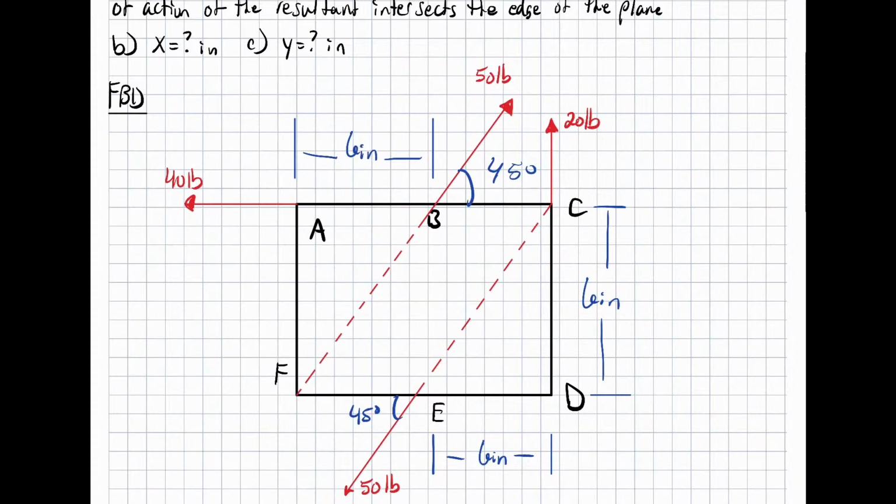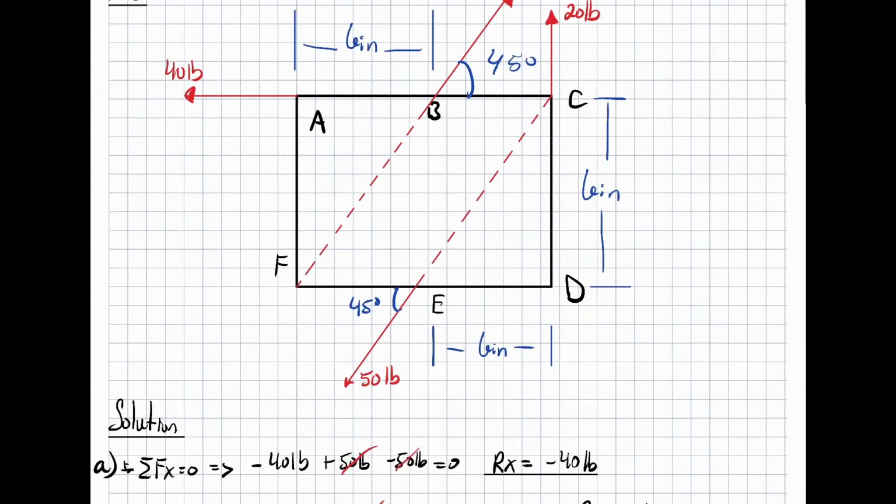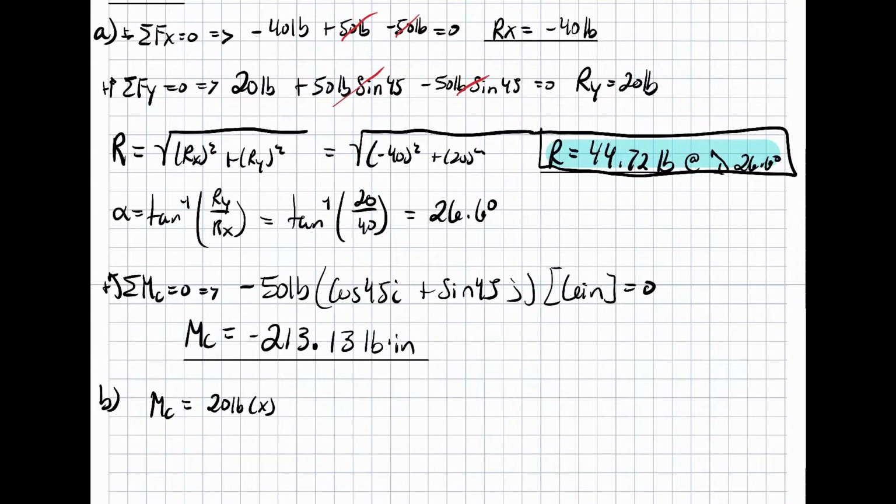We already found the moment about C, and we have the 20 pounds going counterclockwise. But in our x direction, since we're at C, the only direction we can go is to the left, so it's going to be negative, if that makes sense.